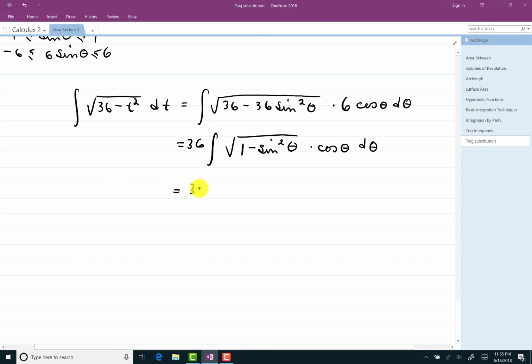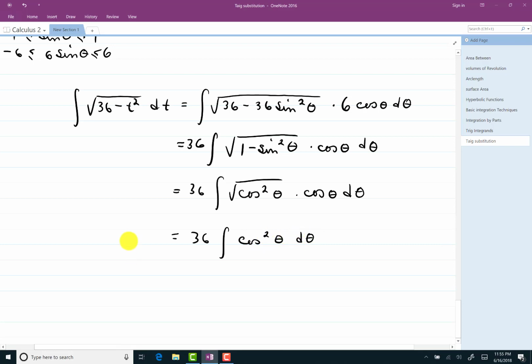That equals 36. 1 minus sine squared, of course, is cosine squared of theta. Now, the square root of cosine squared of theta typically is the absolute value of cosine of theta, but since I don't know any numbers, I am going to take the easiest route out of this and just think of it as cosine of theta. So that I'll have cosine of theta times a cosine of theta will be cosine squared of theta d theta.